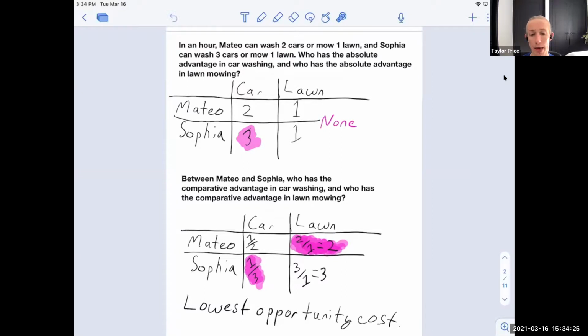So when we do that, we can see that even though Mateo doesn't have an absolute advantage in anything, he actually does have a comparative advantage in mowing lawns, whereas Sophia has a comparative advantage in washing cars. So we're just looking for the lowest opportunity cost. And let me know if anyone has any questions on that.